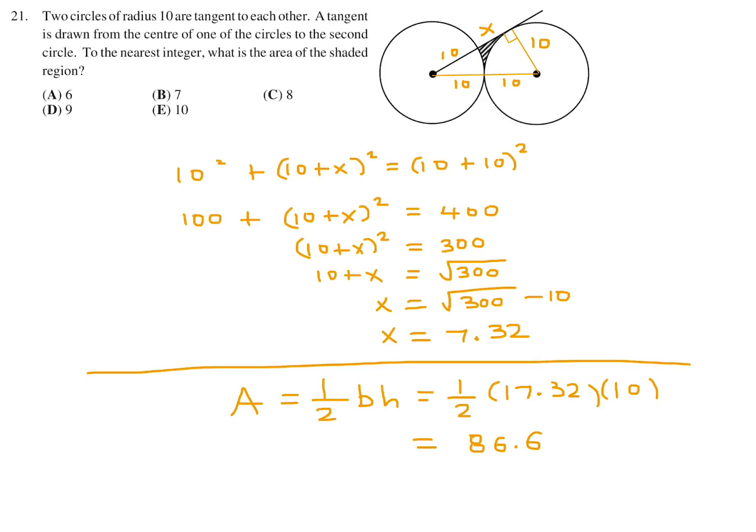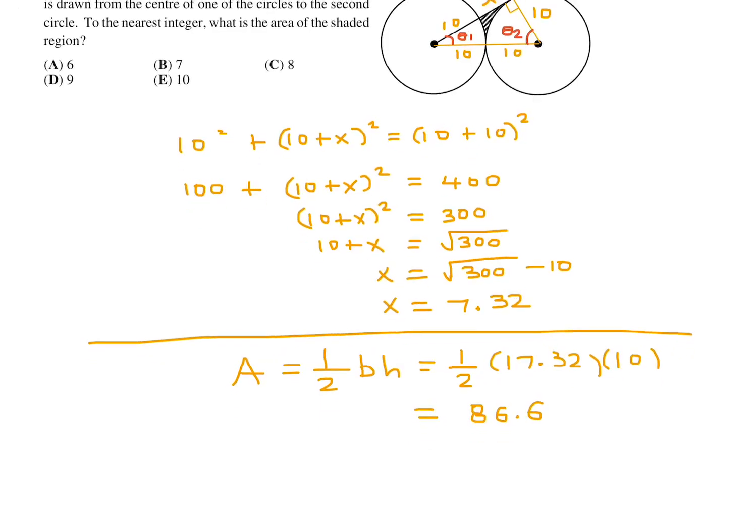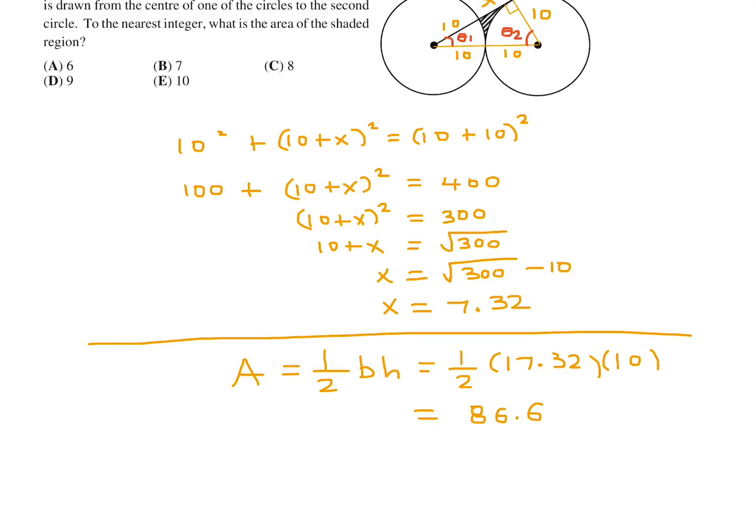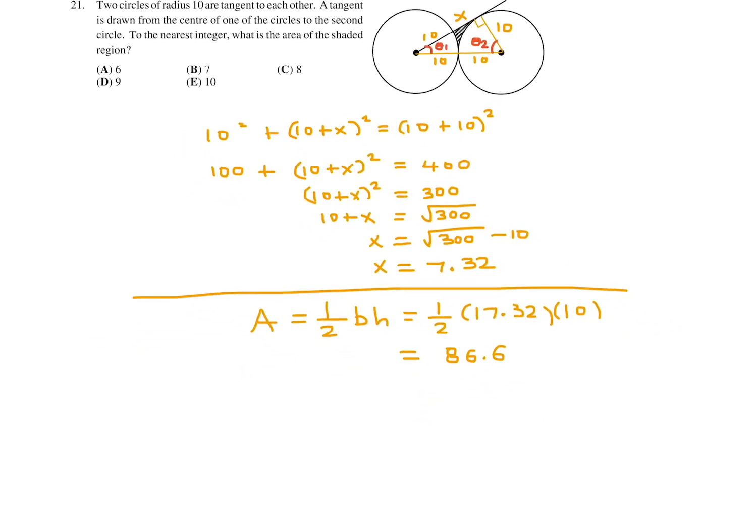So in order to do that, we need to figure out these angles, this angle and that angle. So let's call this theta 1 and we'll call this theta 2.